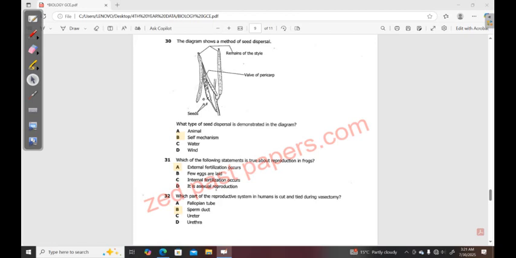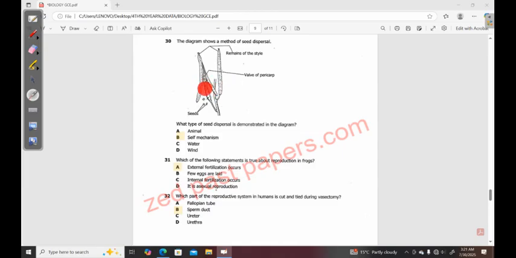30. The diagram shows a method of seed dispersal. So you can see these are the remains of the style, a valve of the pericarp. These are the seeds. So what type of seed dispersal is demonstrated? So this most likely is going to be, okay, let's read the options. So A is animal, B self mechanism, C water, D wind. So you can see when you look at the orientation of this plant, by the time these seeds are falling, they won't fall so far off.